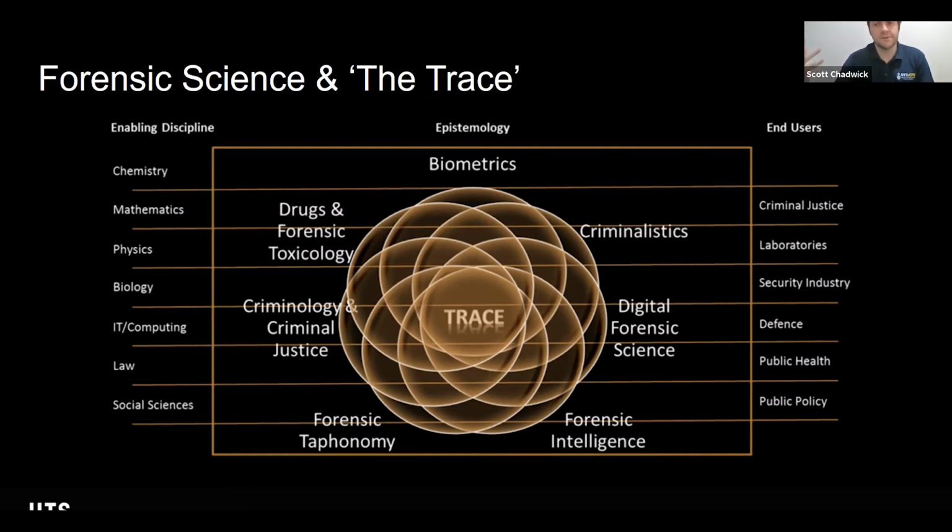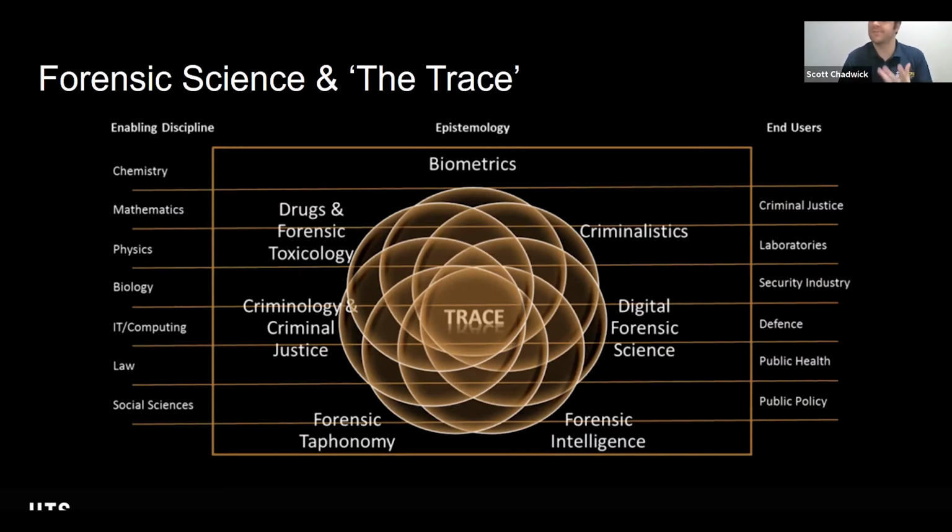And in terms of who this is helpful for, I've already spoken about the criminal justice and the forensic laboratories, but forensic scientists are also very helpful in the areas of security and defense. So our border controls or the national defense forces, we can use forensic scientists to help them. Then there's public health and public policy.